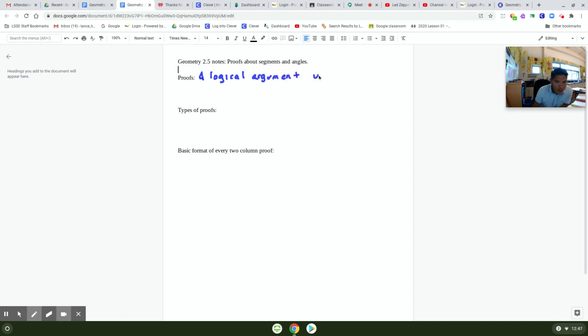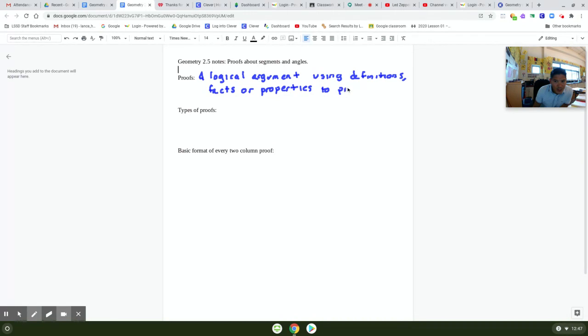Again, every proof you'll be using either definitions, facts, or properties, like the properties of equality that we went over, to prove something's true.